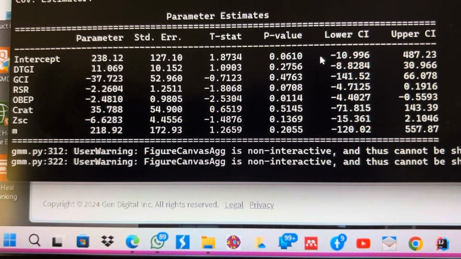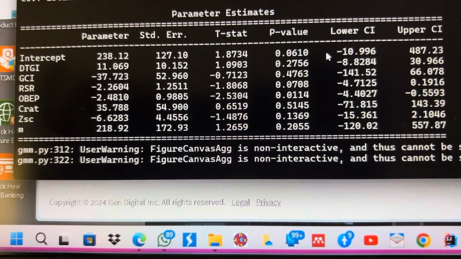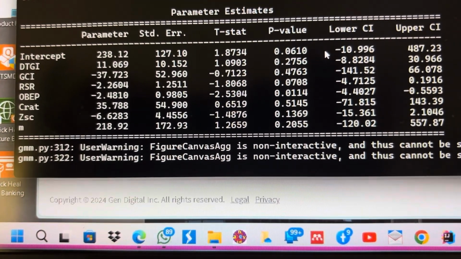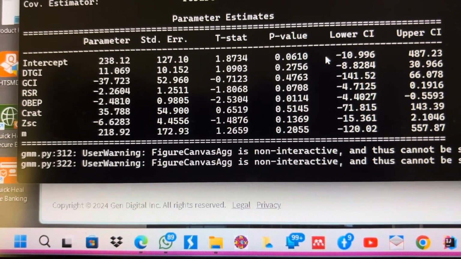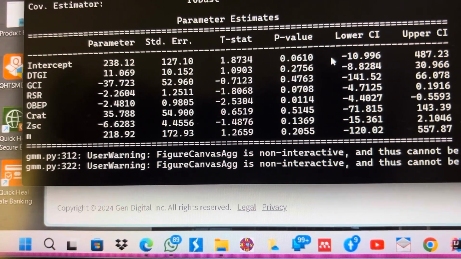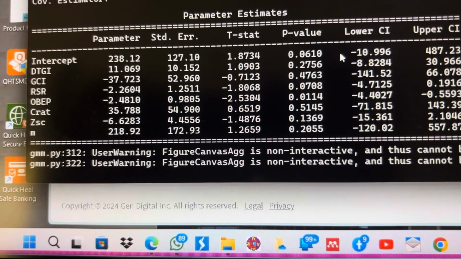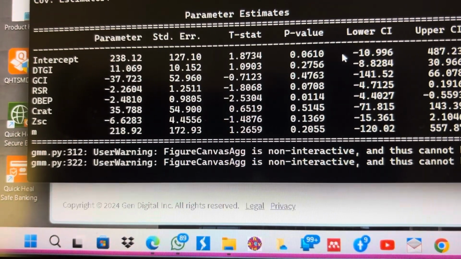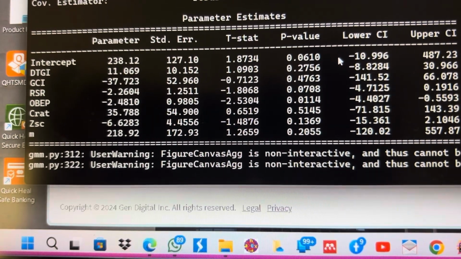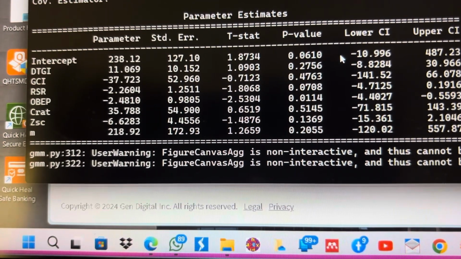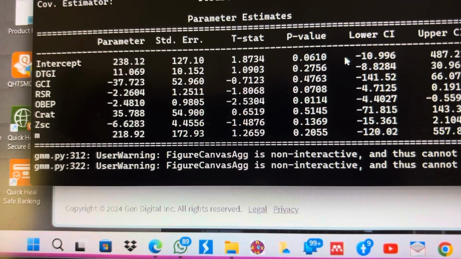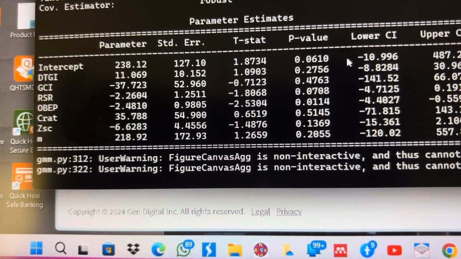And we'll look at the other one, look at the T. Then the only one that is significant here, I think, is the operational break-even point, OBEP. That's the only one that is significant. All others are not significant in this relationship.